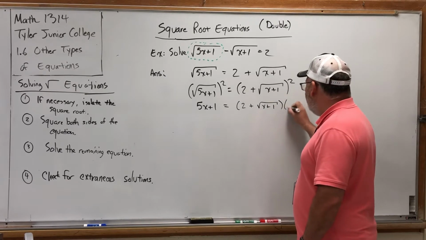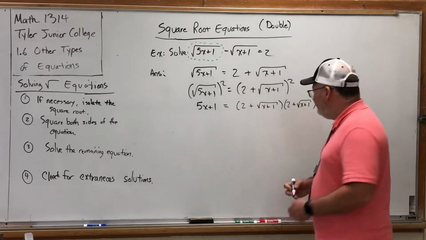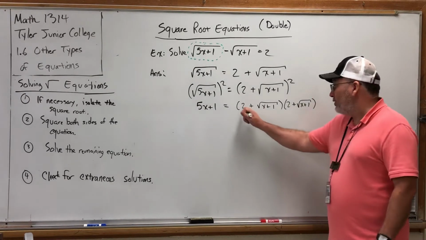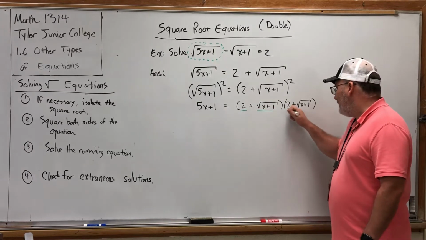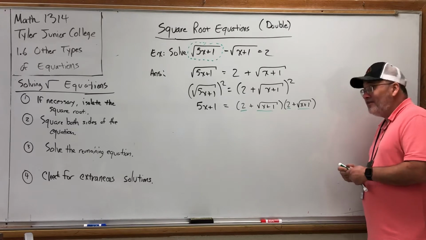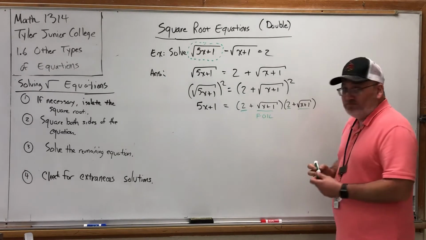But that has a square root inside of it. Yes, this can still be viewed as a binomial times a binomial: 2 plus that times 2 plus that. Which means we can FOIL it.